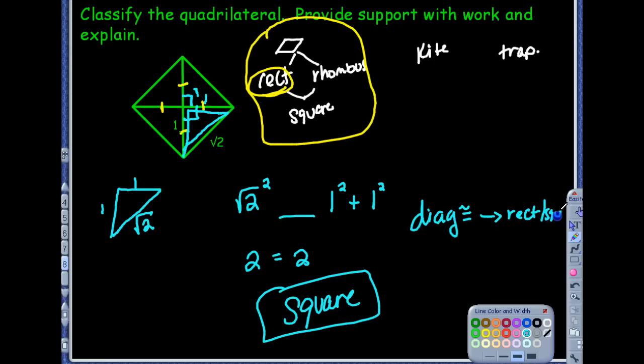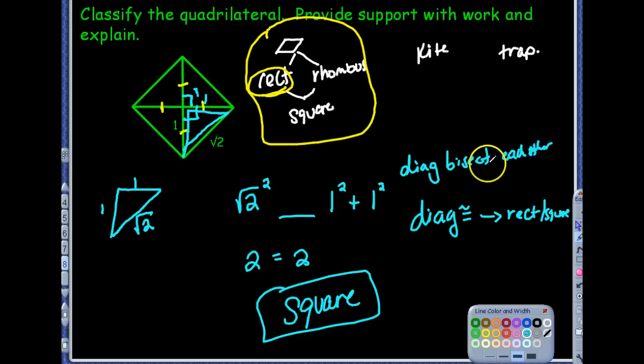Then I found what I supported. Actually, before that, you even said it was a parallelogram because the diagonals bisected each other. So I'm going to add that up here. Diagonals bisect each other, so that is a parallelogram.